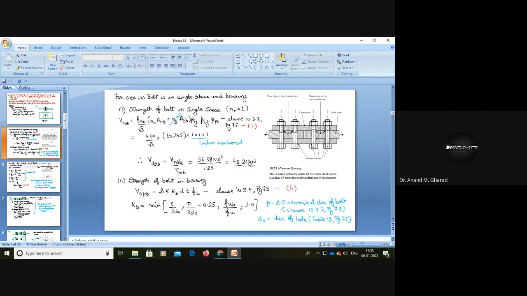And remember, you are supposed to delay the bearing process. We should not allow bearing to occur at an early stage. We will see in the next class how to evaluate the bearing capacity of the bolt. There are many more terms, and hence I will be explaining these terms in the next class.